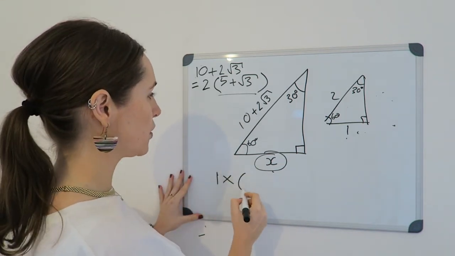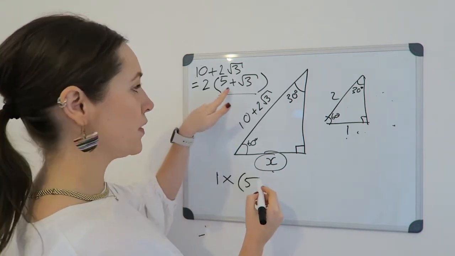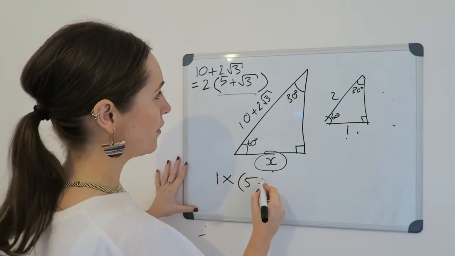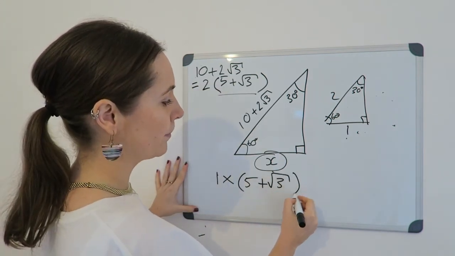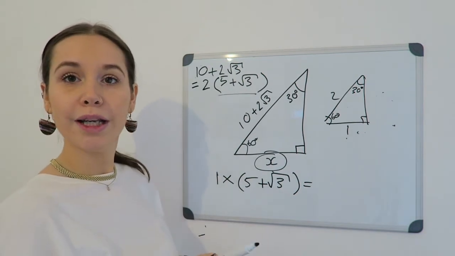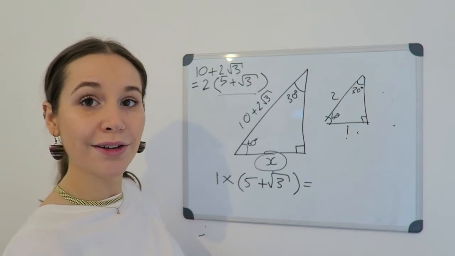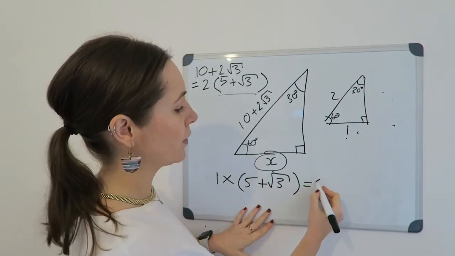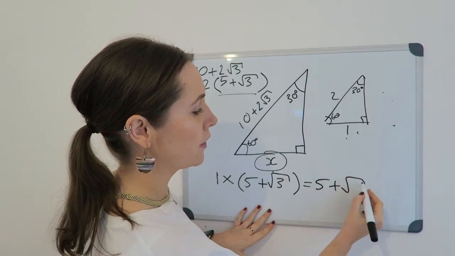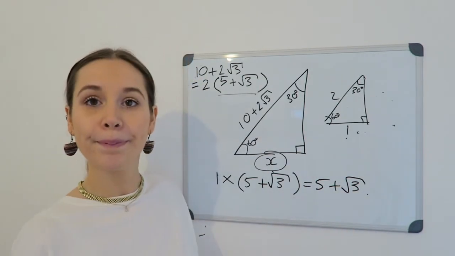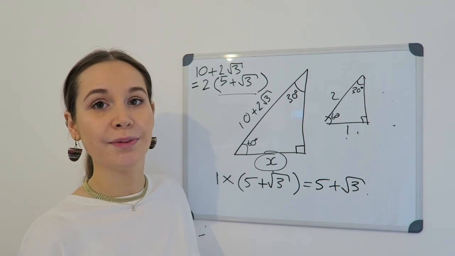So 1 multiplied by the scale factor, 5 plus the square root of 3, and any number times 1 is just itself. So we're left with 5 plus the square root of 3, and that is your answer to that question.